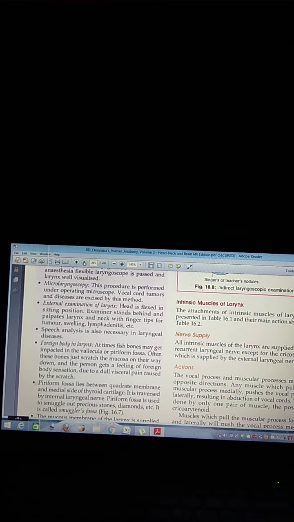For external examination of the larynx, the head is flexed in sitting position, and the examiner stands behind and palpates the larynx and neck with the fingertips for tumor, swelling and lymphadenitis.